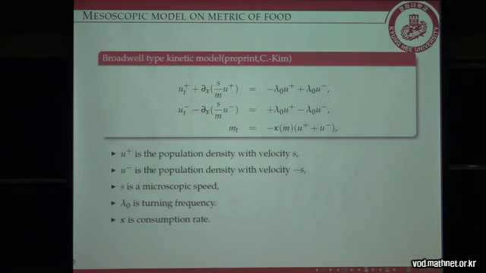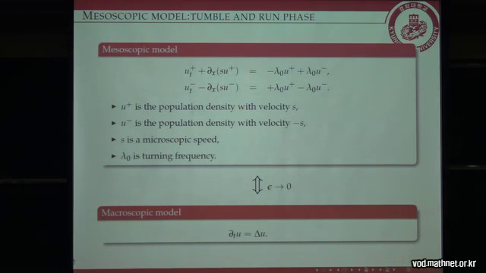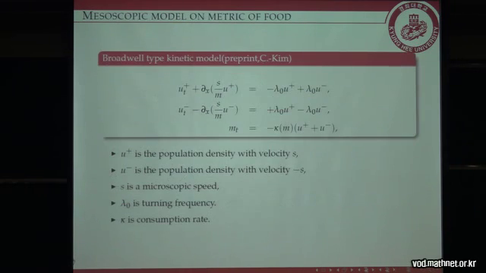This will come from here. Simply, you can choose s equal 1, and the real velocity is 1 over m of that microscopic organism.